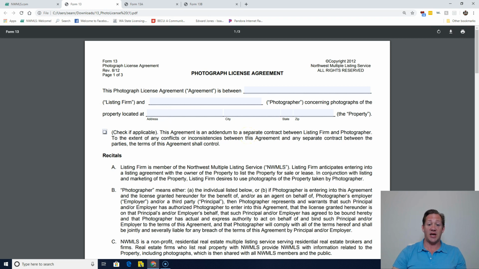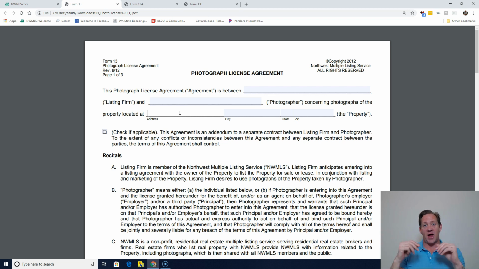This is Form 13. This is a photograph license agreement between the brokerage and the photographer for a specific property. Again, put the brokerage's name in here, and the photographer's name in here, and this is where you put the address of the property. So this is a one-off form. You could do this for every property, but that's why we have master agreements, so that we don't have to do this.